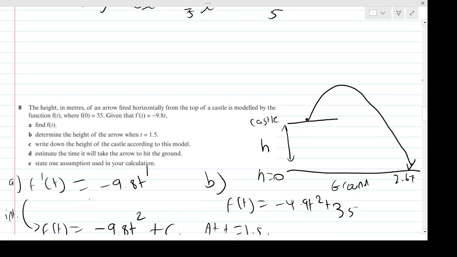Okay, part A, we need to state one assumption used in my calculation. Again, you do get these questions, and a very good assumption I like to give that works a lot of the time is about the ground. The ground has to be completely flat for us to have this function here, but in reality the ground wouldn't be entirely flat the whole way through.